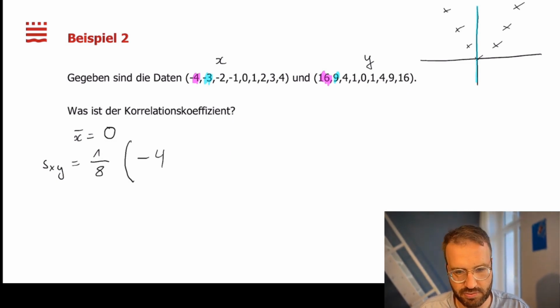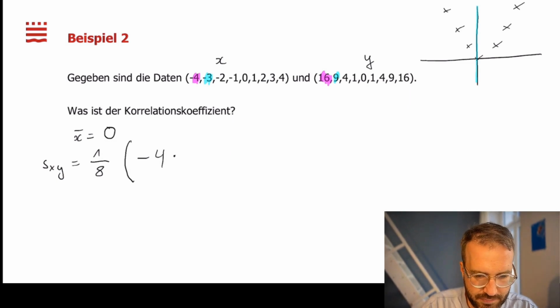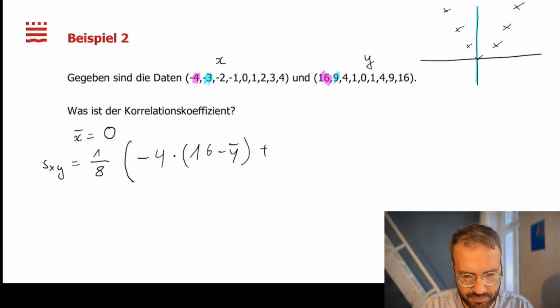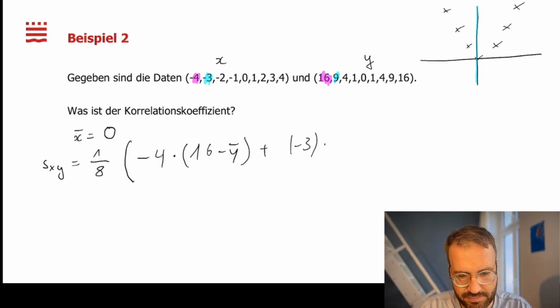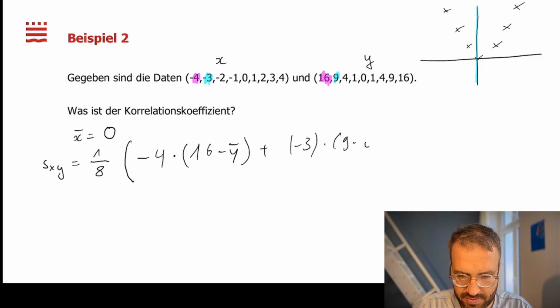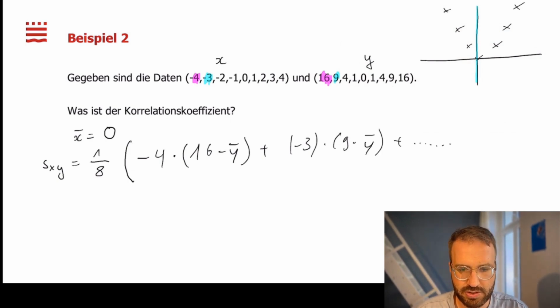Then we have minus 4 minus 0, which is simply minus 4, times 16 minus y bar, plus. Then we have minus 3 times, 9 minus y bar, and I will continue like this, skipping a few until we reach 0.